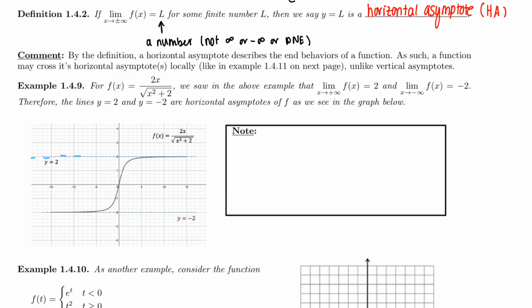Let me emphasize something on this graph. So there are horizontal asymptotes on this graph. This is the graph of the function that we just were looking at. And you'll notice as the graph goes off, right, positive infinity out here, negative infinity back here, as your x values go to positive infinity, so as it goes off the graph to the right, there's this horizontal asymptote at y equals 2.